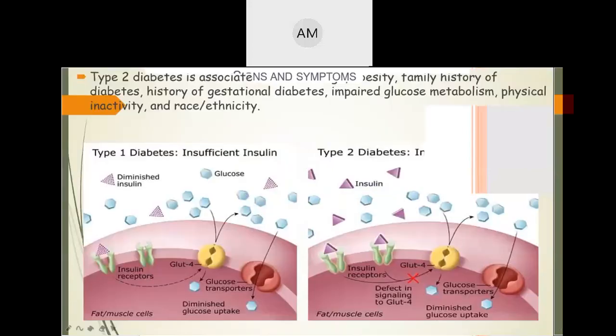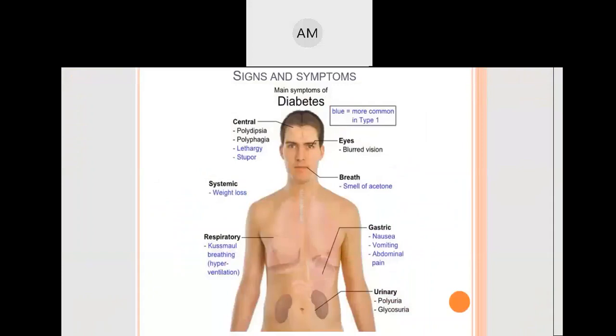So let's see the signs and symptoms, what are the main signs and symptoms. I'll explain them later, but just see there are central signs which include polydipsia, polyphagia, lethargy, stupor. Obviously, the patient will be thirsty. Dipsia means increased thirst. Phagia means increased hunger.